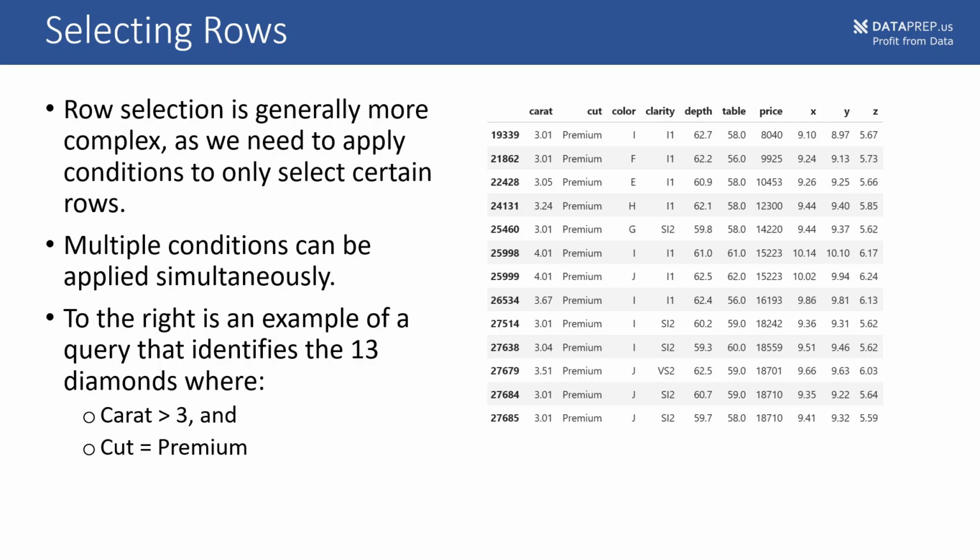So to the right, you see a subset of our diamonds data set here with certain conditions applied. We were looking for data where the caratage was greater than 3 and the cut was equal to premium. This query returns us the 13 diamonds out of our 50,000 diamonds that meet these two conditions.